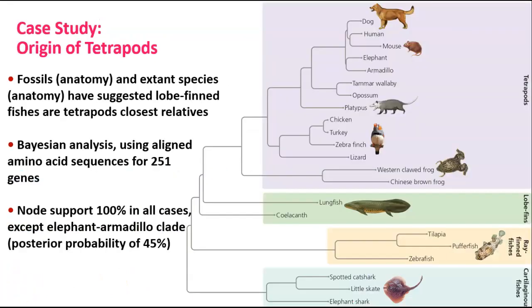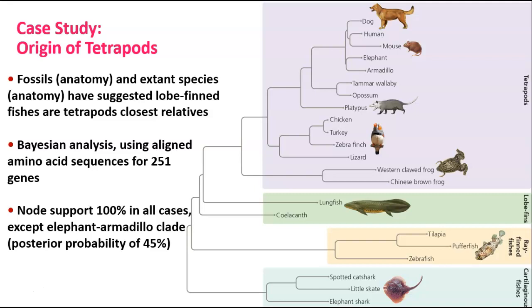So now let's look at an analysis at a completely different level. Those poison dart frogs were analyzed at the population level using mitochondrial DNA, but here we return back to that question of, well, which fish are most closely related to tetrapods, and how are the various tetrapod lineages related?